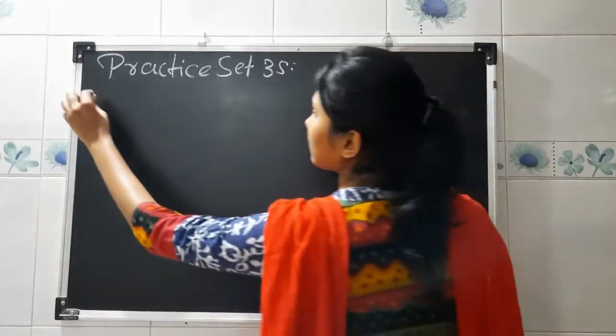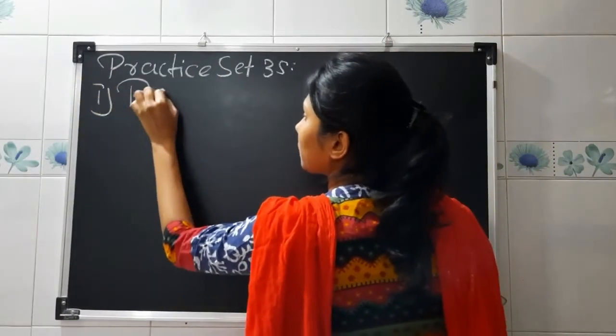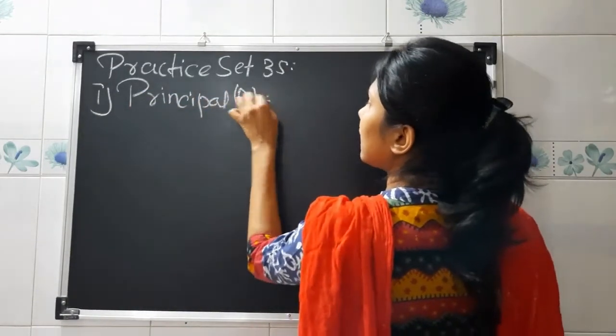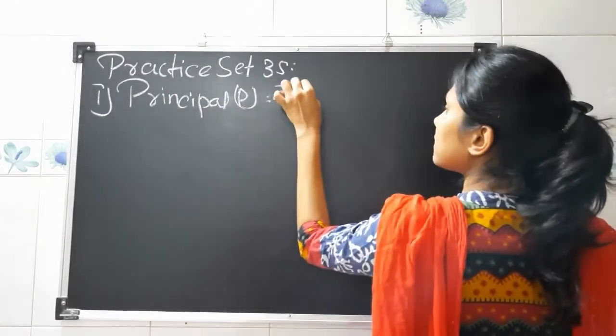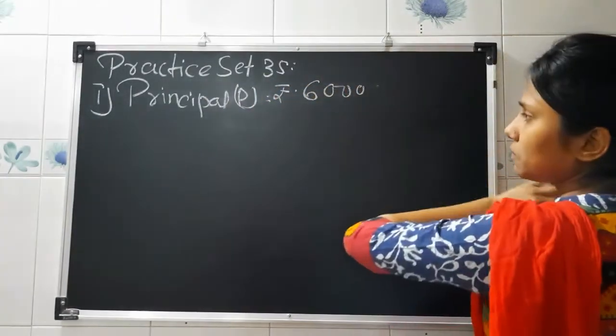So first they have given you the principal amount, that is P, rupees 6,000.